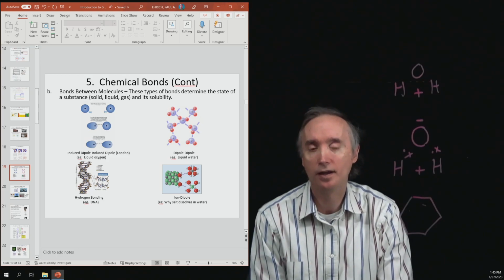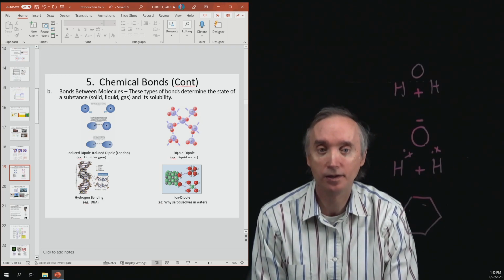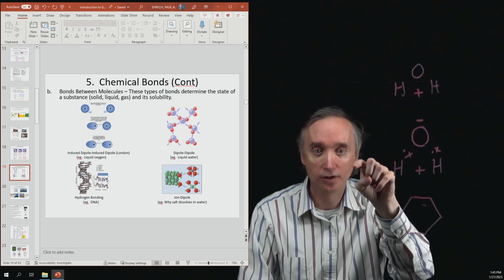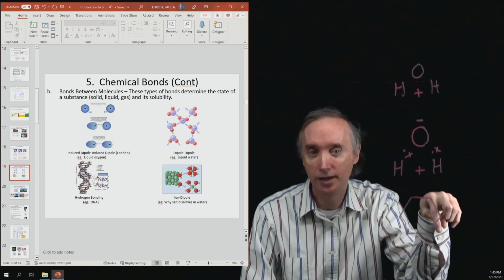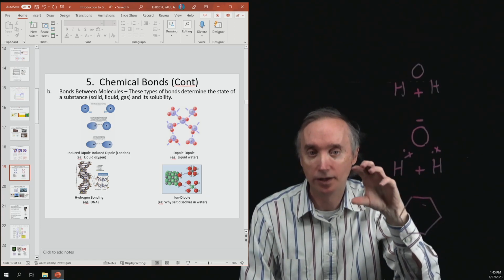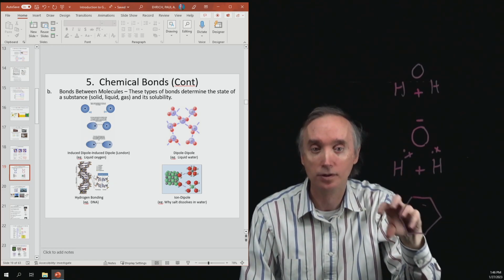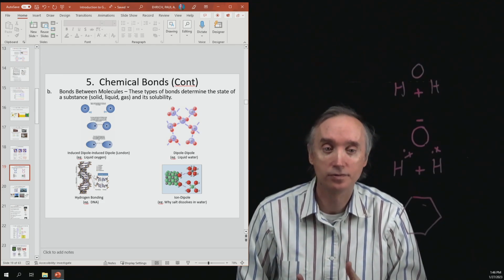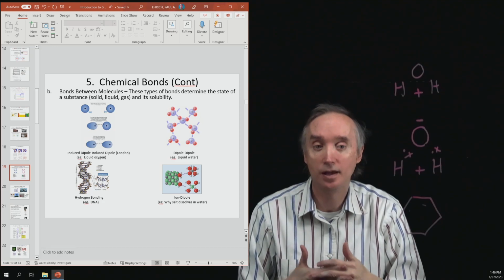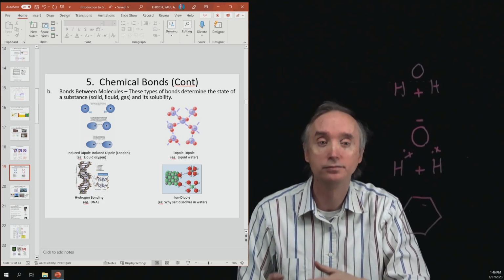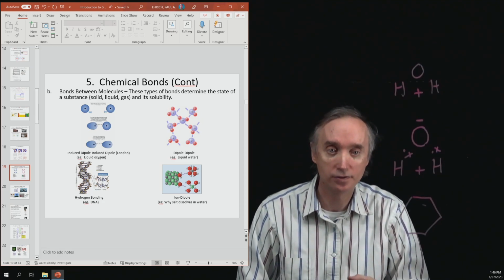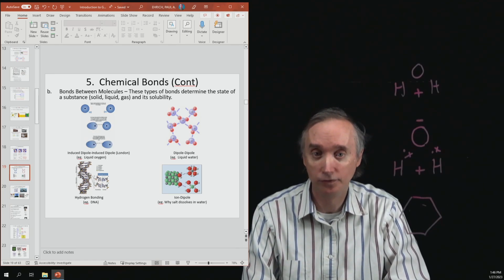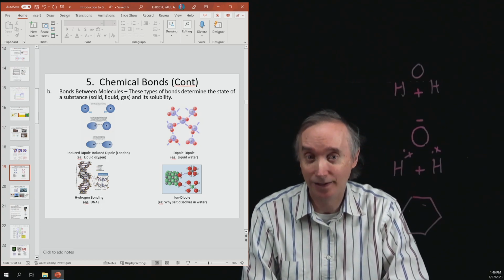Another interesting thing about water is that it can pull molecules apart. So take a look at the bottom right-hand picture. This is going to be an ion-dipole interaction. So we talked about salt. Salt was NaCl. It's got sodiums and it's got chlorines. Now the sodiums are going to be positive and the chlorines are going to be negative.